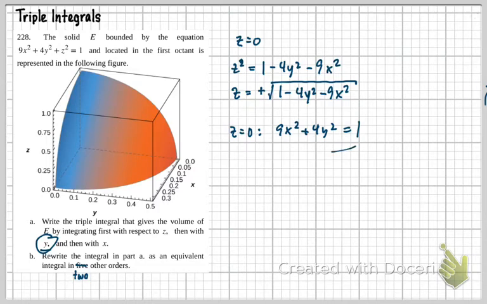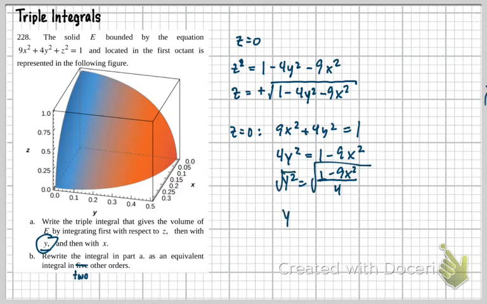So I move the 9x squared over. This is going to be 4y squared equals 1 minus 9x squared. Then I move the 4 over, so y squared equals 1/4. Actually, I'm going to keep it together here because I see something nice coming out of this. So 1 minus 9x squared over 4, and then I square root both sides.